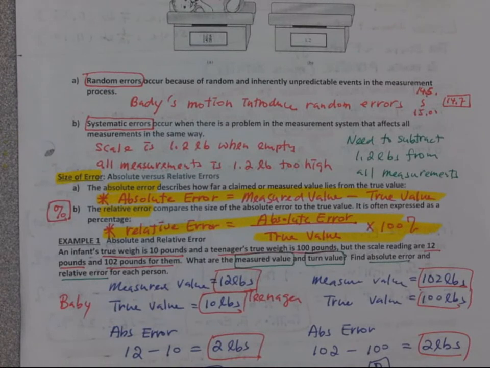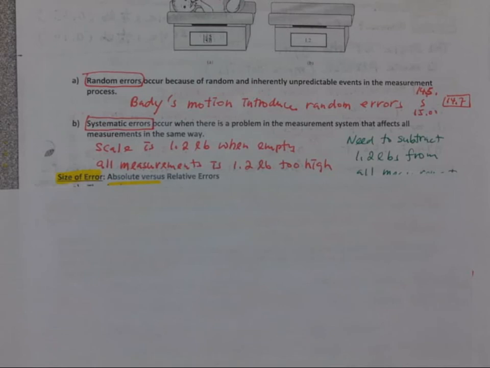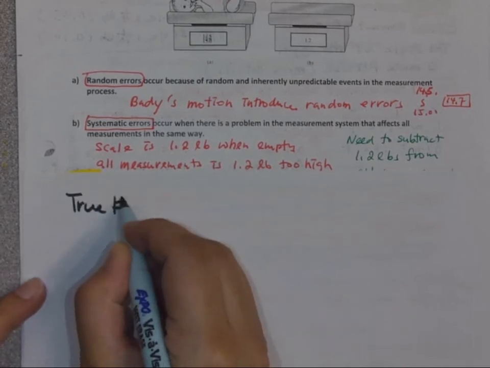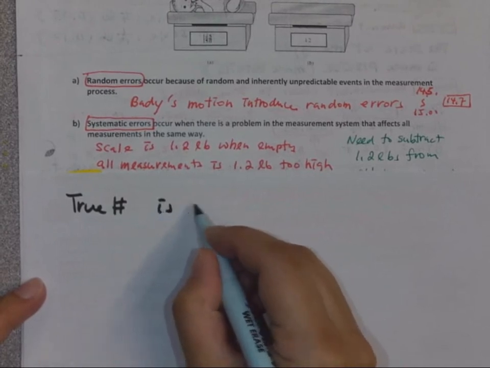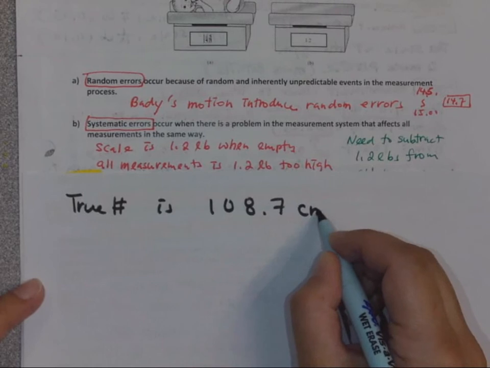So let's do an example to find absolute and relative error. So let's say the true number that we have is 108.7 centimeter.